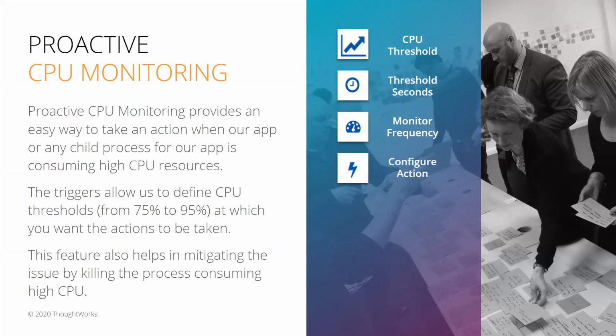And what action we want to take. So we will be configuring the actions, and the maximum actions we can take, and the maximum duration for which this feature is enabled. Azure says that this feature is not permanent, because it is a heavy task for the app service to be continuously running.